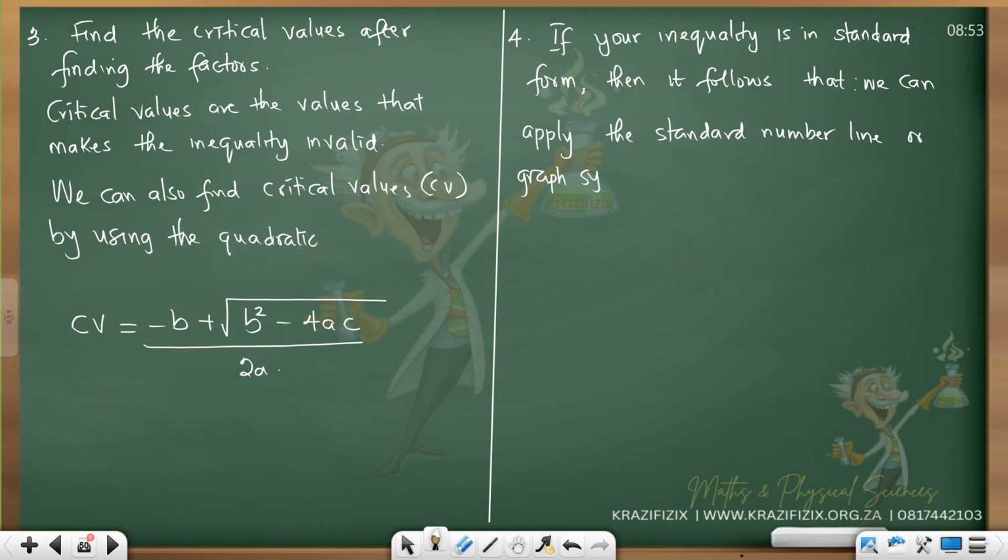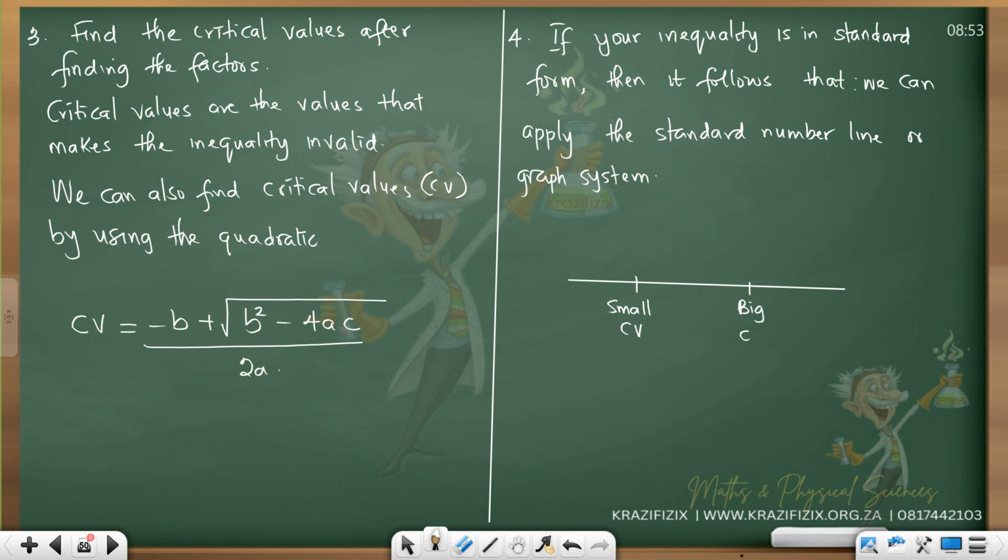But I will use the number line system. Here we have the small CV.